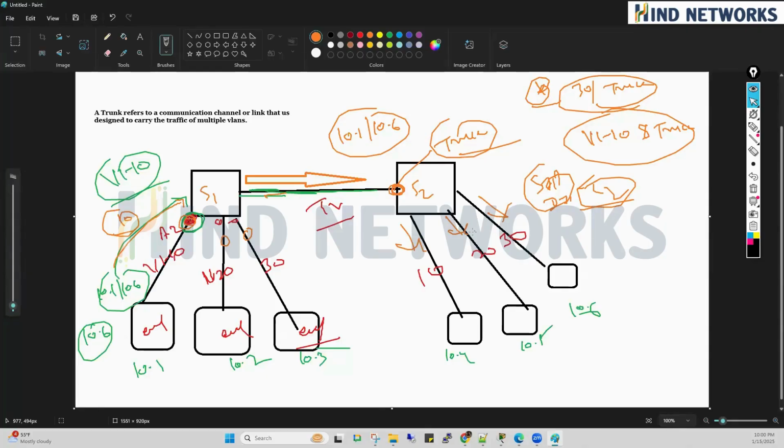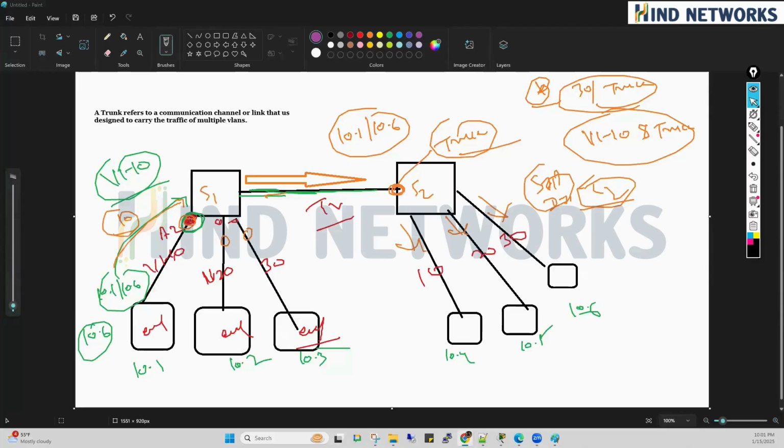Now, try to understand, guys. If we are using trunking, and anyone asks you how trunking actually works, please understand, trunking works on tagging. So when switch number 1 forwards traffic towards switch number 2 via the trunk link, switch number 1 must add the VLAN tag with this packet.